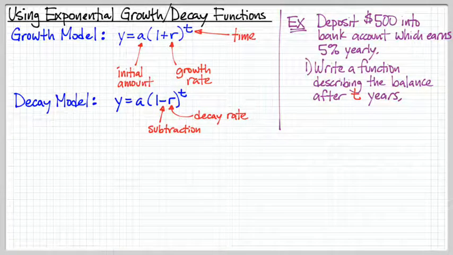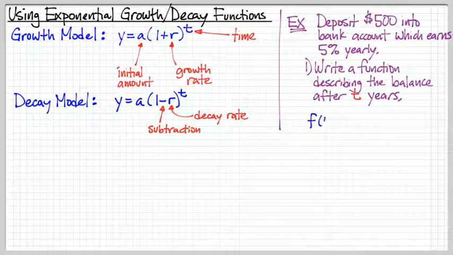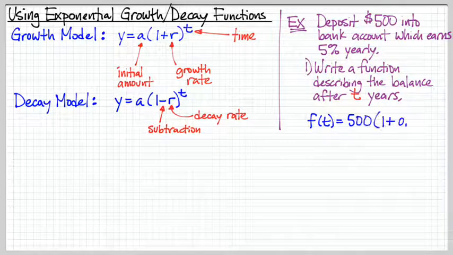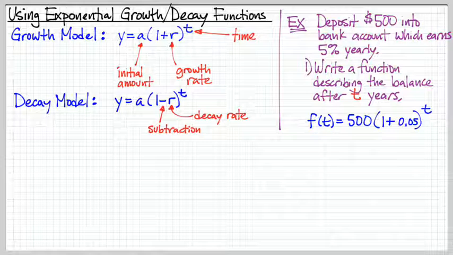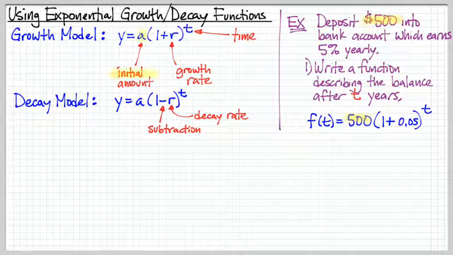Let's look at this example one more time. We deposit $500, 5% yearly, and write a function describing the balance after t years. So to do that, we say f of t is equal to the initial amount of money that we put into the bank, $500, and that's our a value, the initial amount.